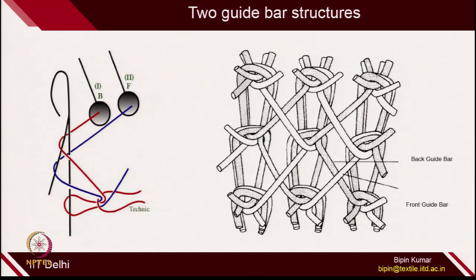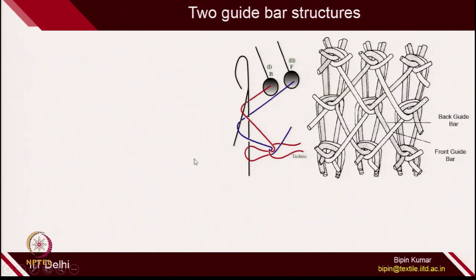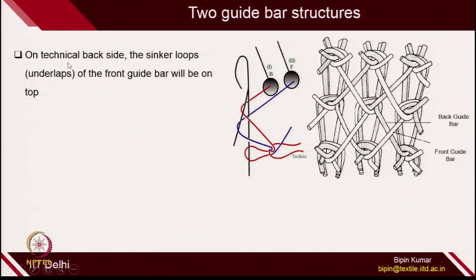Some of the key aspects you can take from here: whenever we make a 2 guide bar structure, depending on what type of yarn you are attaching to either the back guide bar or the front guide bar, different characteristics or features of the fabric can be noted. So, the first feature is on the technical back side. This is your technical back side, and the sinker loops of the front guide bar will be on the top.